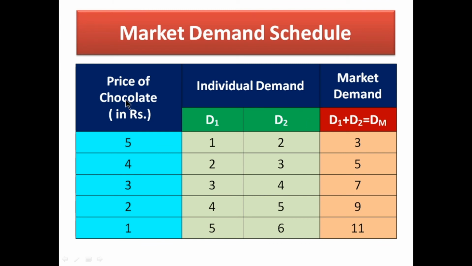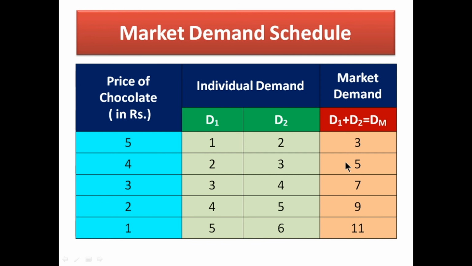Now you can see when price of chocolate falls from ₹5 to ₹4, then first buyer's demand is increasing from 1 to 2 units, and second buyer's demand is also increasing from 2 to 3 units. Then how much total demand will be created? 2 plus 3 is equal to 5 units.